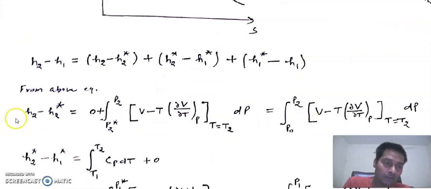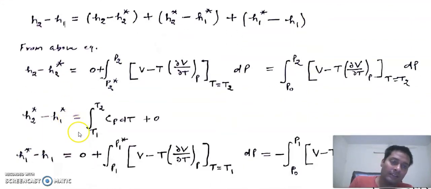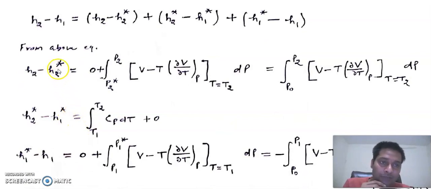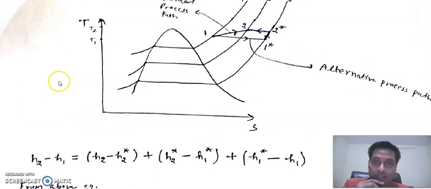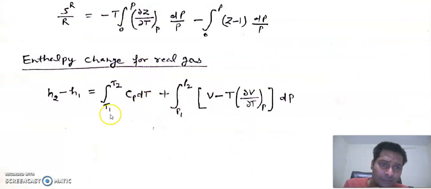Now calculate the change in enthalpy for individual paths. First take H1 star minus H1, this path. This is an isothermal path, which means the temperature is constant, so this term will be 0 and only this term will be there.